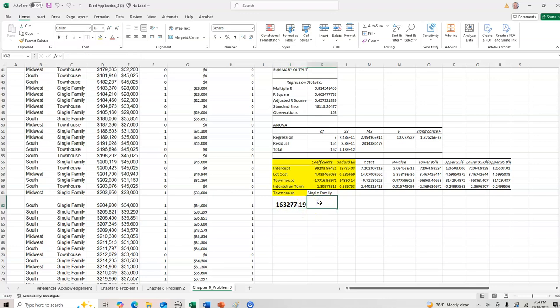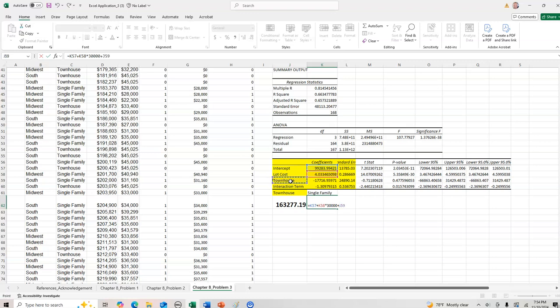Now for the single family, y hat equals the intercept plus the coefficient times, again, the value of the lot cost, 30,000, plus, now in this case, since you have the coefficient, is this a townhouse or not?